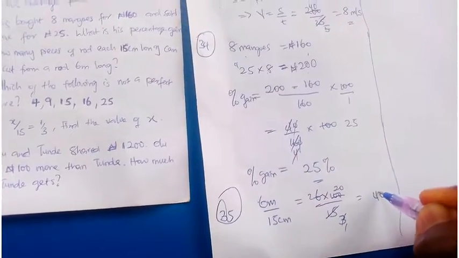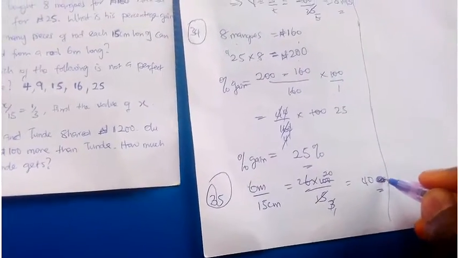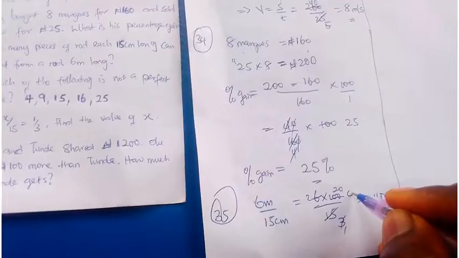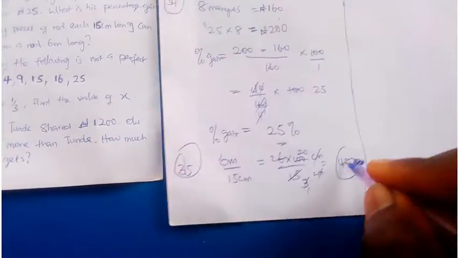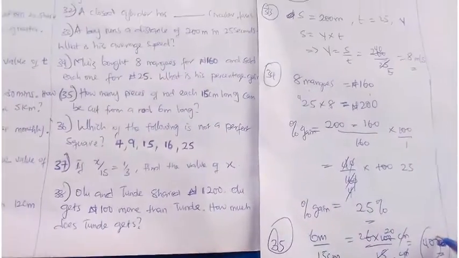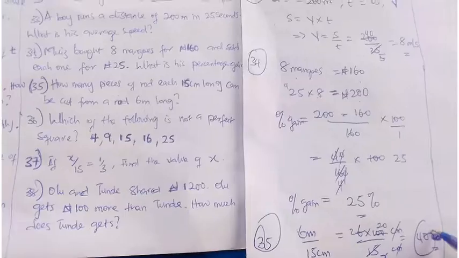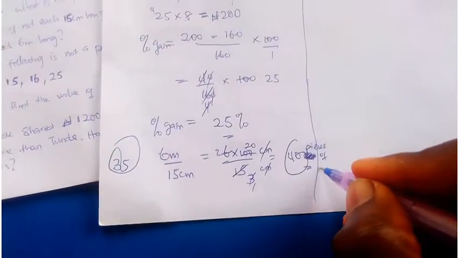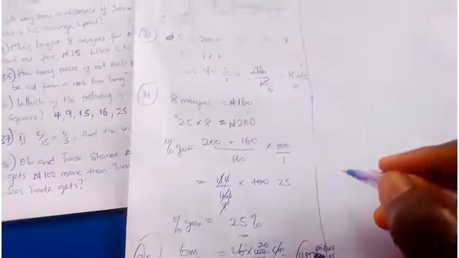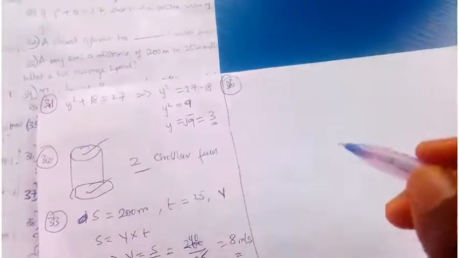That's 40 in that case. So you can find 40, because by default this is already in centimeters. Centimeter cancels centimeter. I have 40 rods in that case. How many pieces of rods? Yes, 40 pieces of rods.